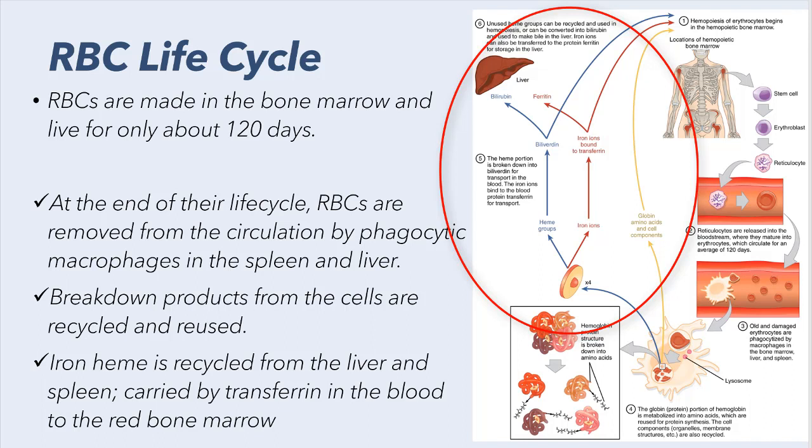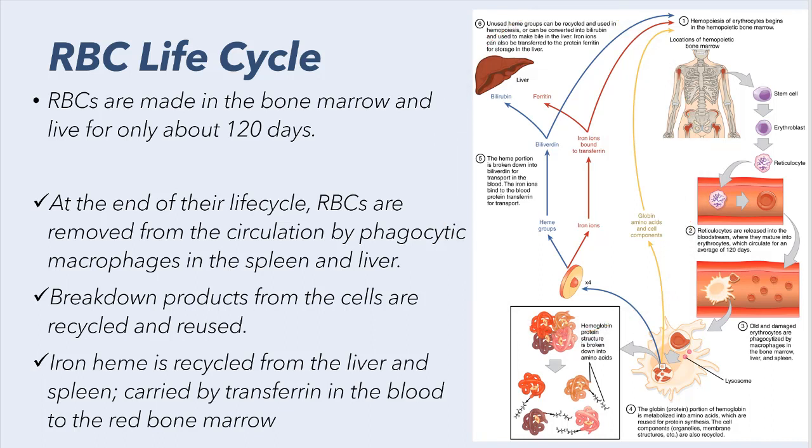Which part is recycled? The iron heme structure is recycled from the liver and the spleen. The iron is bound to transferrin, which is a structure that binds to iron so it can preserve it in the body, and it takes it to the red bone marrow where new red blood cells are produced.